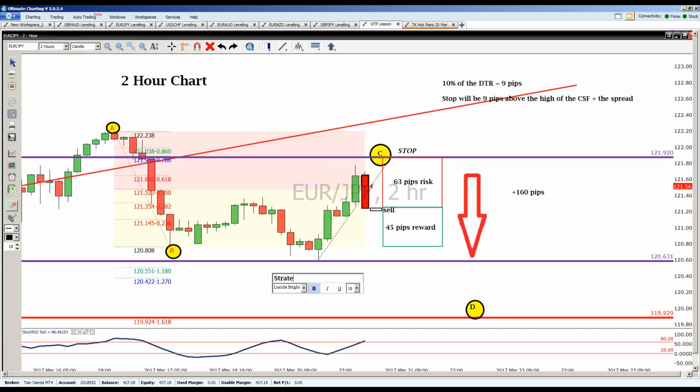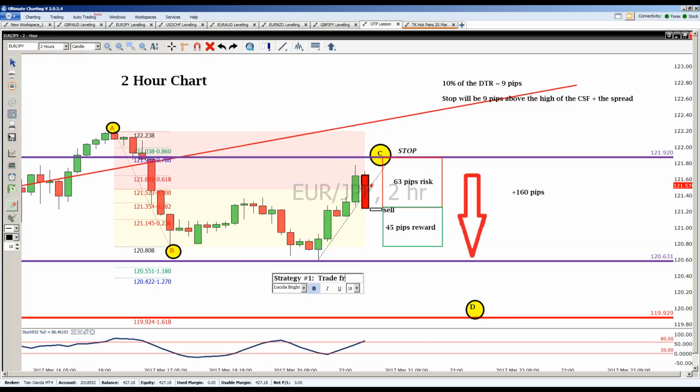Strategy number 1, trade from the C to the D. No, trade from the C. How am I going to word this?